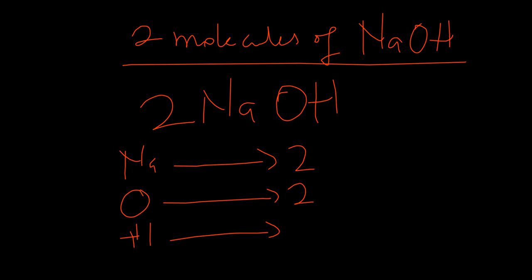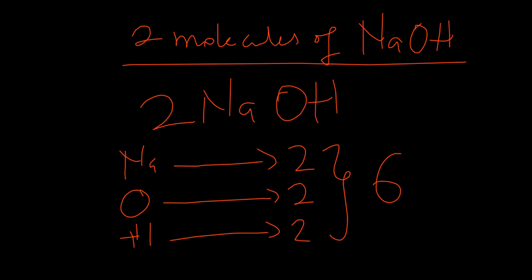Hydrogen in sodium hydroxide is 1, so we need to multiply that 1 by the coefficient of 2. That will give us 2. So in all, 2 molecules of sodium hydroxide will contain 6 atoms, 2 coming from sodium, 2 coming from oxygen, and 2 coming from hydrogen. Let's look at another example.